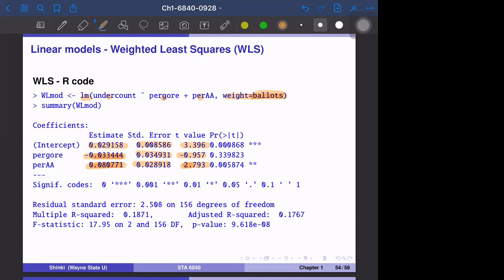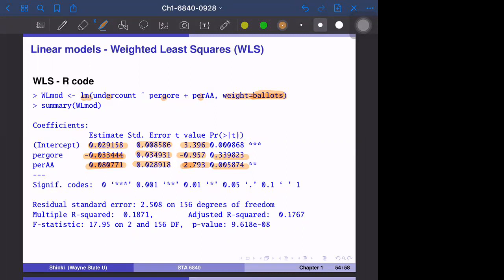That is insignificant. Even when we used the robust regression method, the t-value was 1.2. Still, it's not significant. But this time, percentage of African American is very significant, and even for percentage for Gore, the t-value is negative 0.957. It's not significant, but at least the t-value is not very small. So possibly it is useful information to explain the undercount.